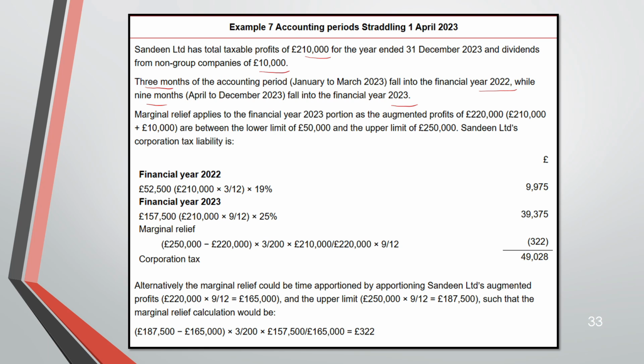Now, first calculate your augmented profit. TTP is 210. Dividend is 10. So it's 220. Now, this 220 is between your lower 50 and upper 250.